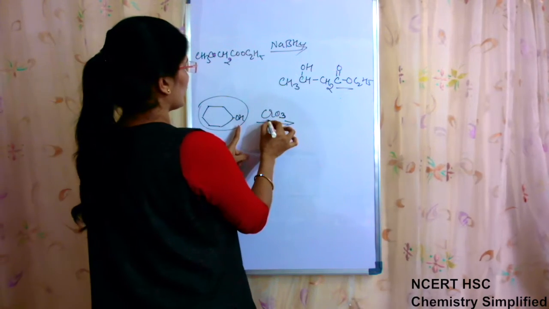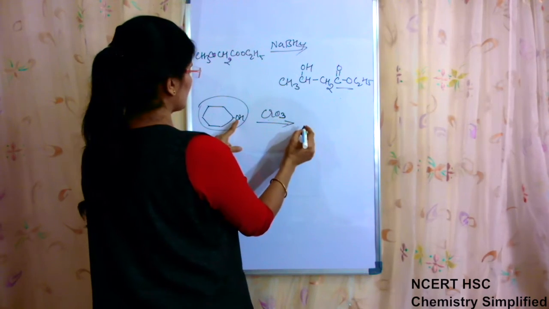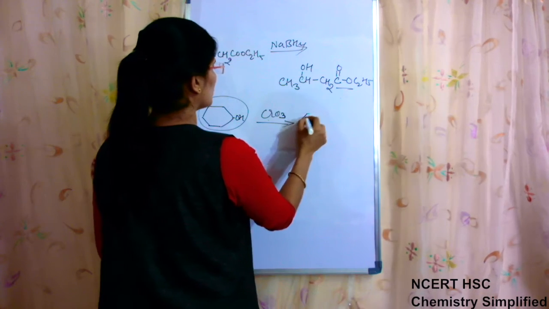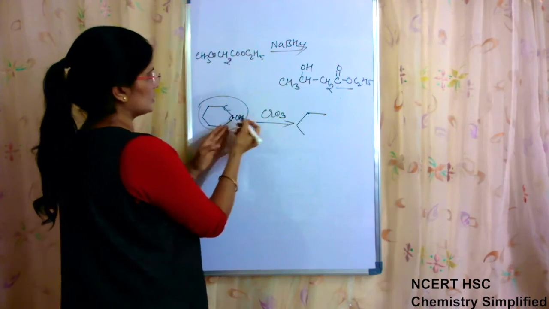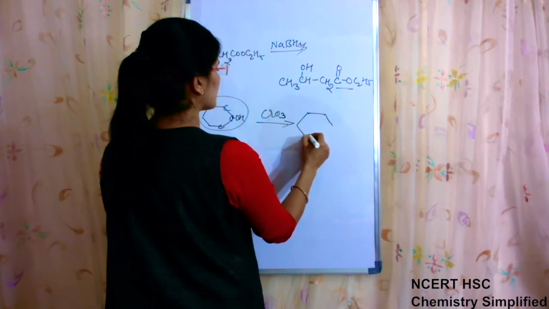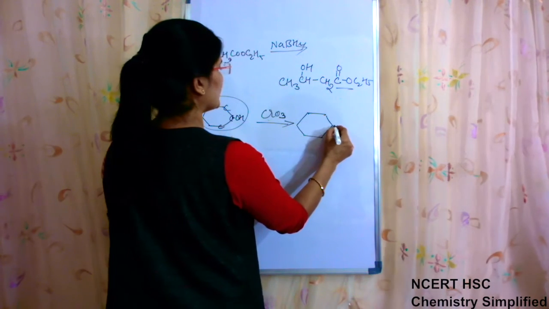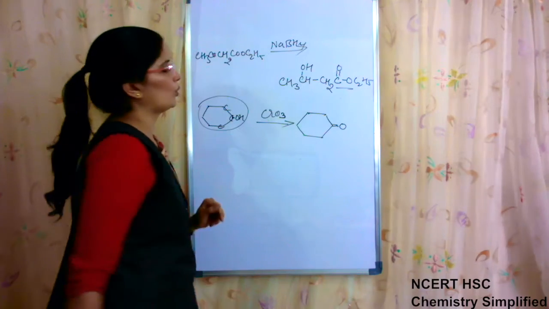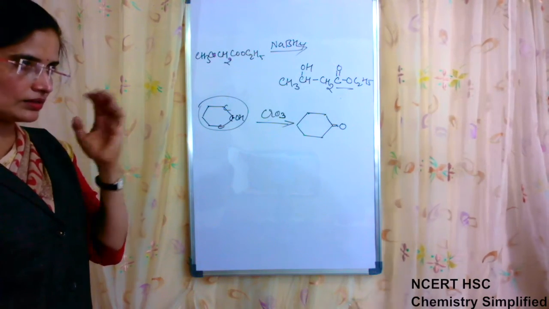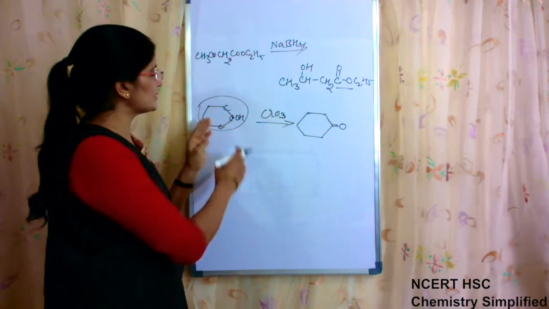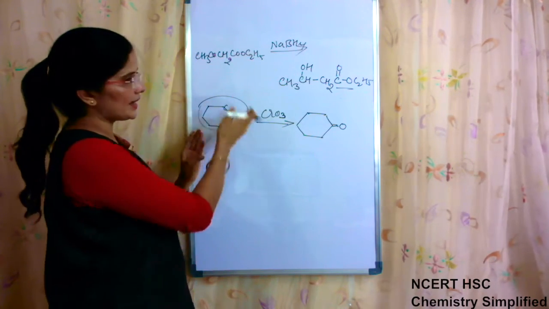So it's a weak oxidizing agent. Alcohol will be converted into ketonic group because it is in the middle. Whenever it is in the middle, it is converted into ketone, not aldehyde. So it will be double bond O. So questions are simple, but they mostly confuse you by giving the cyclic structure.